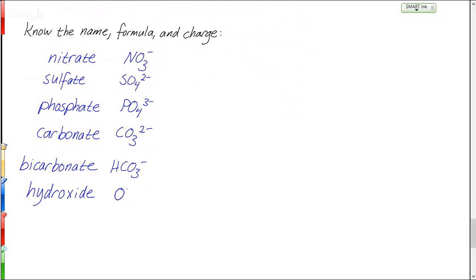Hydroxide, OH or sometimes HO with a -1 charge. And finally, ammonium, which is the only positively charged one that we're going to learn, which is NH4 with a +1 charge.